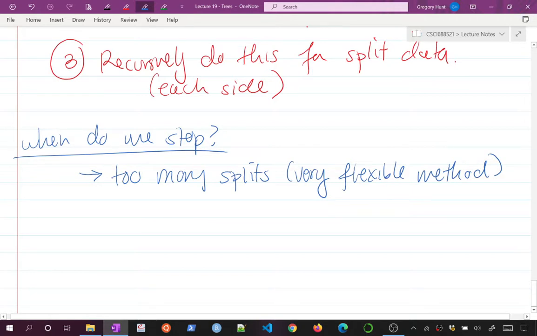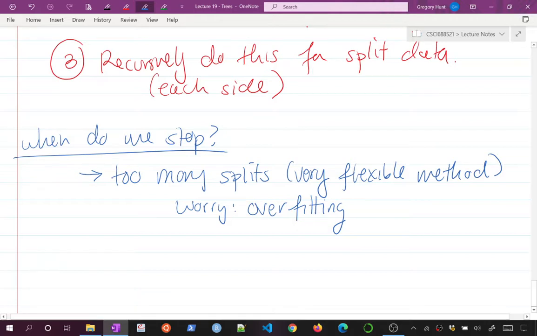And so the worry here is overfitting. Each time we split, the more splits we make, the more we're dicing up the space into smaller and smaller rectangles. It'd be like choosing a small value k for k-nearest neighbors. It'd be a really flexible method.